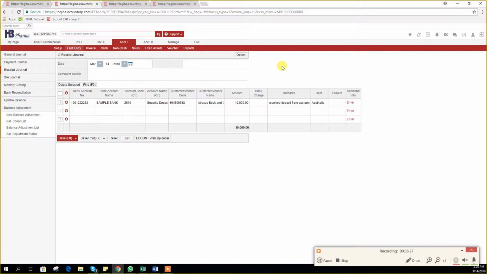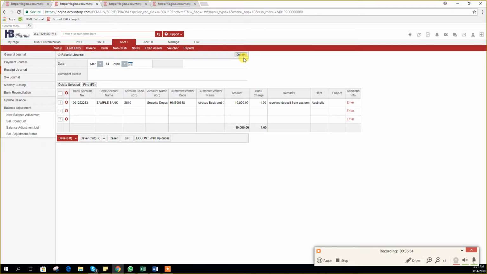Alright, so now question: this bank charges account, if I put here 1 peso, let's say, which account does this go to? Now we know where this is going to go. It's going to go here, the security deposit account. But where is this account going to go?